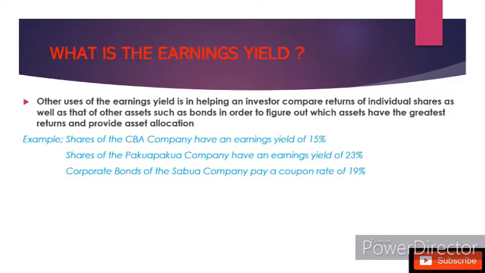An investor can also go further by comparing different asset classes such as bonds and real estate to see where there is greatest returns and use that info to perform asset allocation and figure out where they should invest more money to make the best returns.